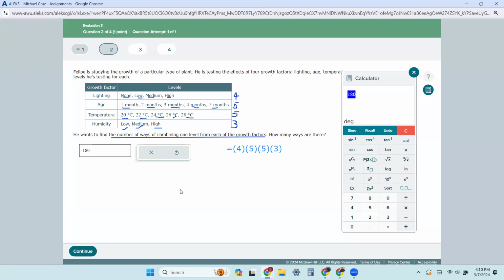All right. So there's 300 different ways when we combine all of these growth factors to be considered. Does that make sense? Anybody got any questions? Like I said, we got plenty of time.